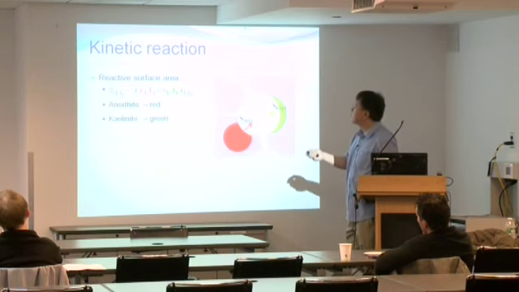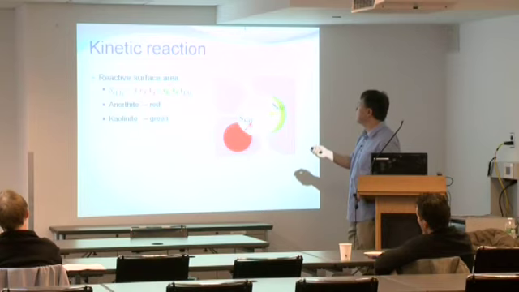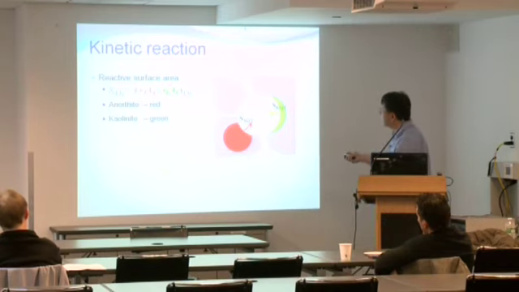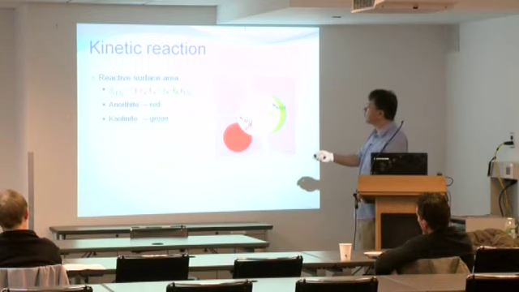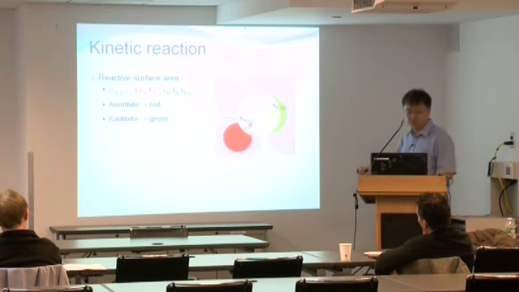And for the kinetic reaction, we need the reactive surface area, here A_A and A_K. For the anorthite reaction, we use the red phase surface area, and for the kaolinite, we use this green phase surface area as reactive surface areas.